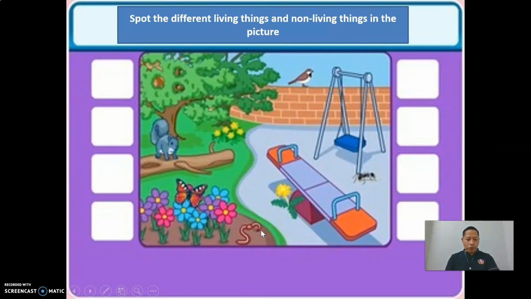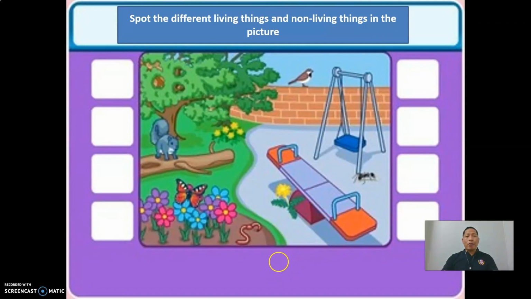So I will give you about 5 minutes to name the living things that you can find, and also the non-living things that you can find in the picture in this activity.